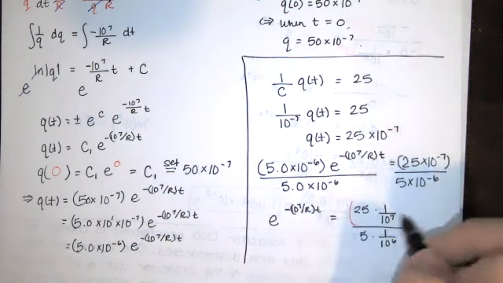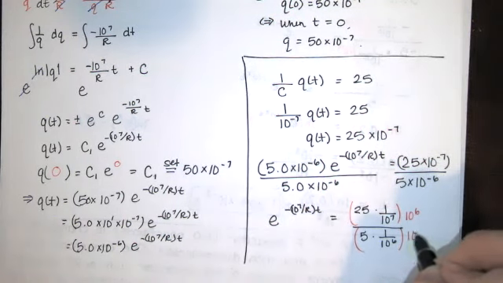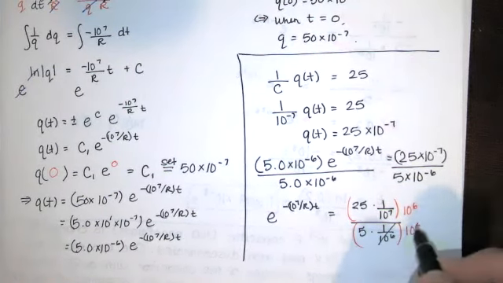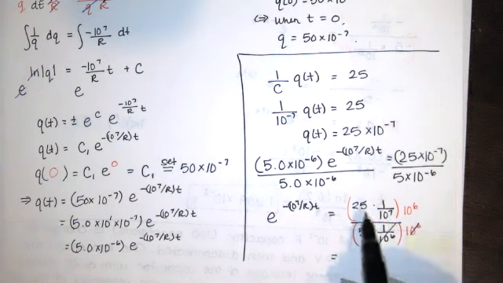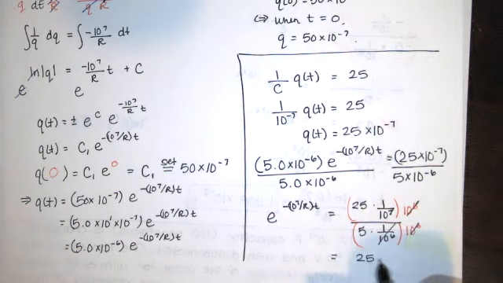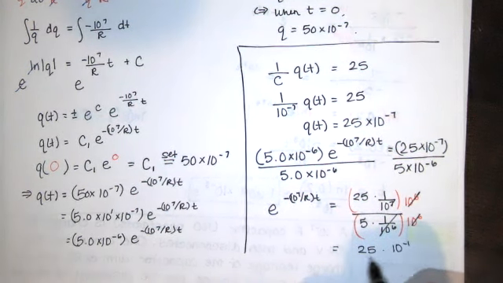You can multiply the numerator and denominator by 10 to the 6th. What you would get is this: 25 times 1 over 10, or 10 to the negative 1, divided by 5. So you have 5 times 10 to the negative 1.